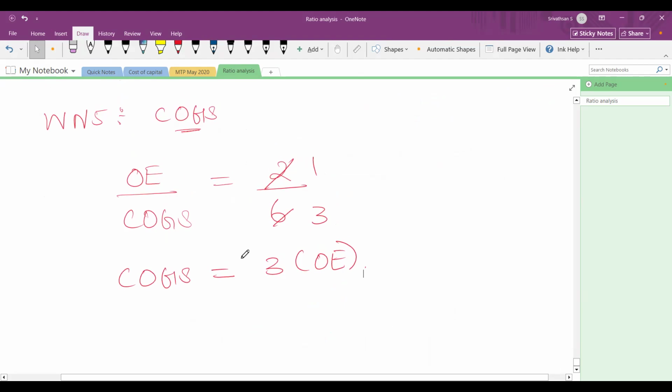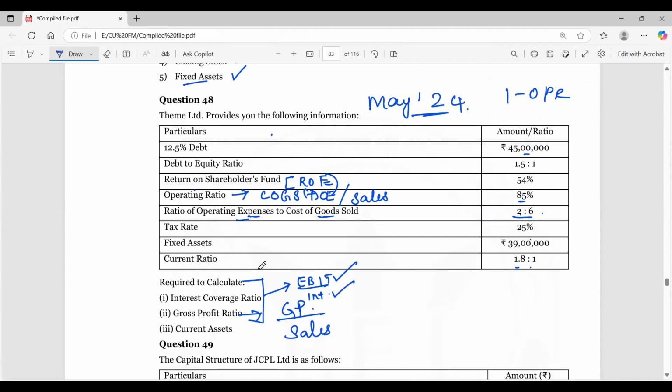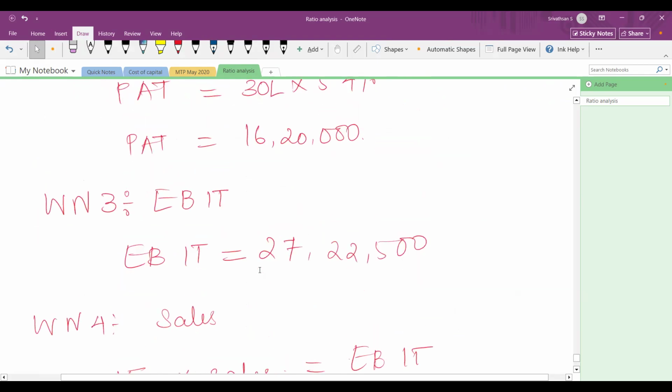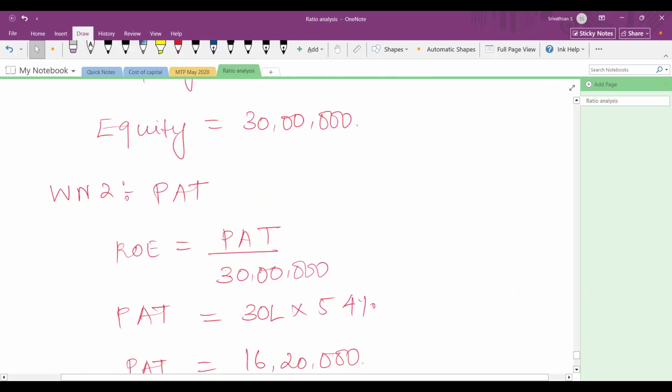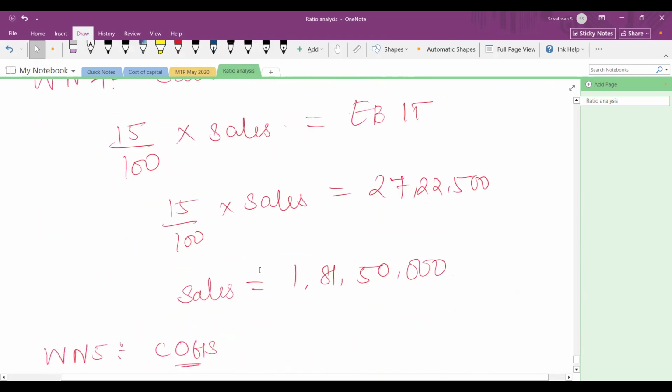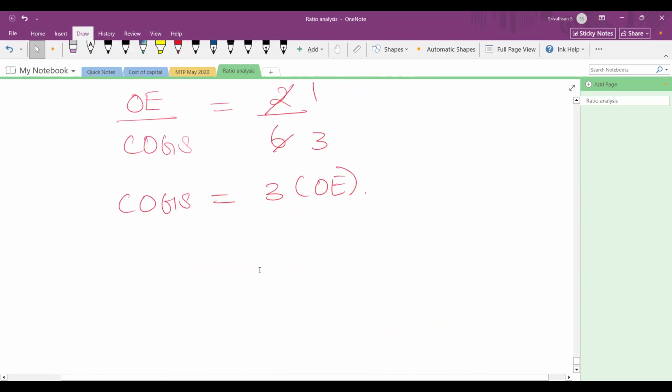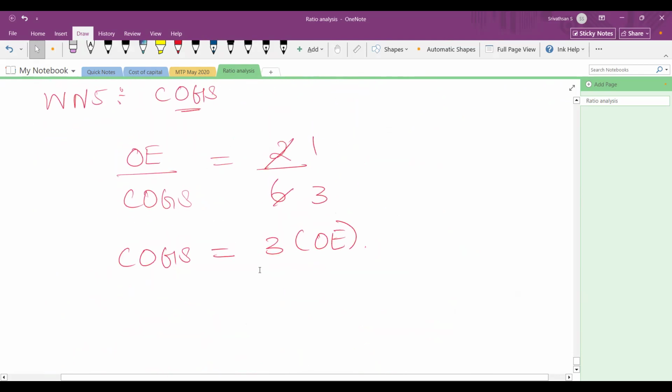Now for calculating gross profit, we have sales, we have to calculate COGS, right? So from this equation, we know that, where is the equation? 85%. Oh, it is removed. Okay. So you do one thing, working note number 5, COGS.